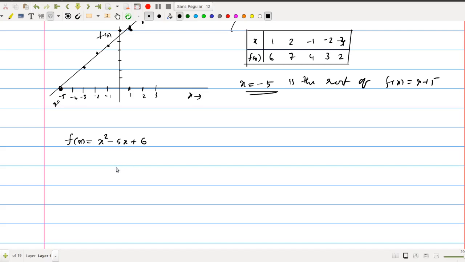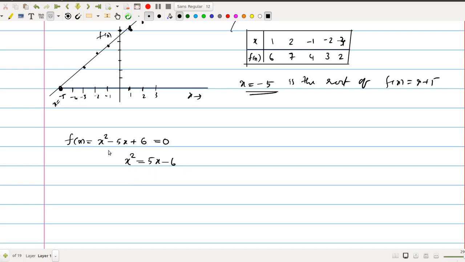In that case you need to find the root of this equation, f of x equal to 0. So in order to get the root, we rewrite this equation as x square equal to 5x minus 6, by transposing minus 5x plus 6 to the right hand side. This equation is equivalent to the same as x square equal to 5x minus 6.